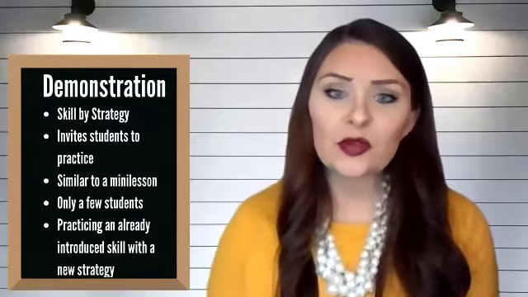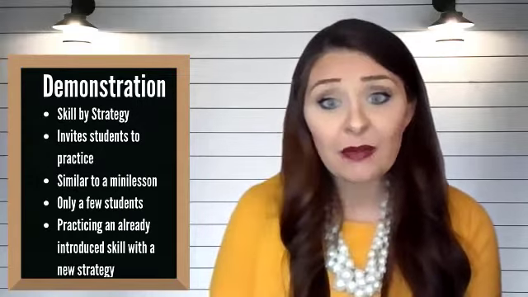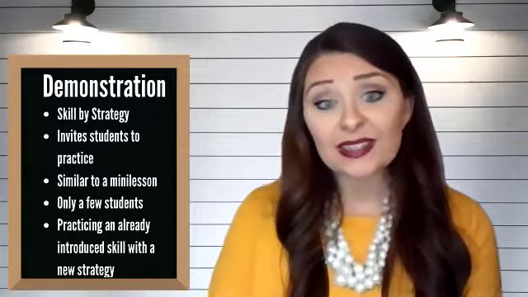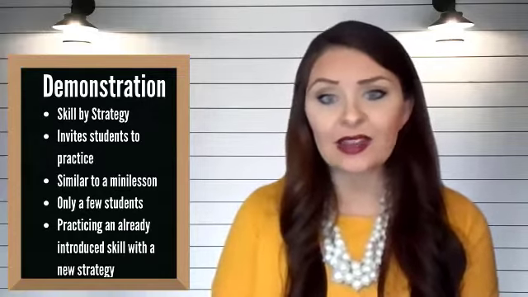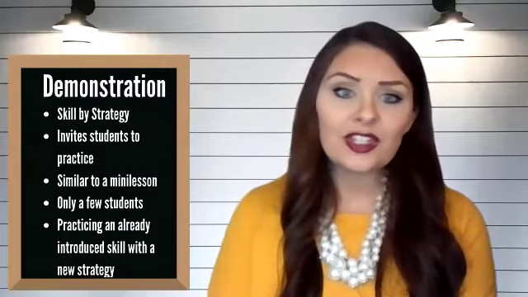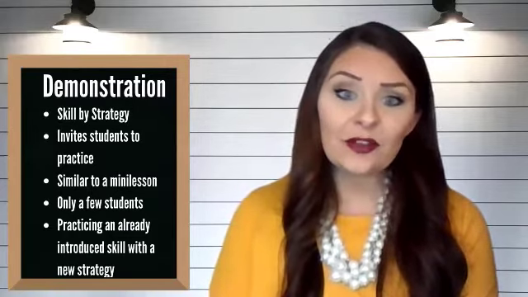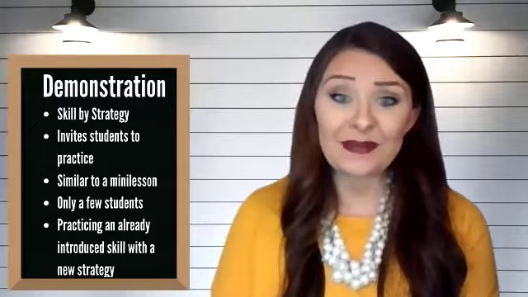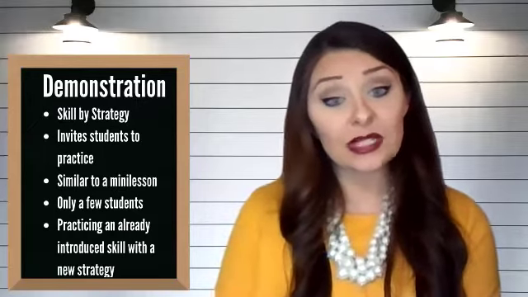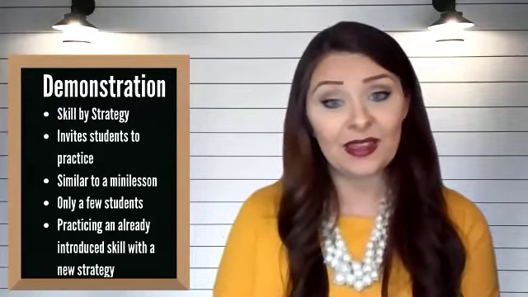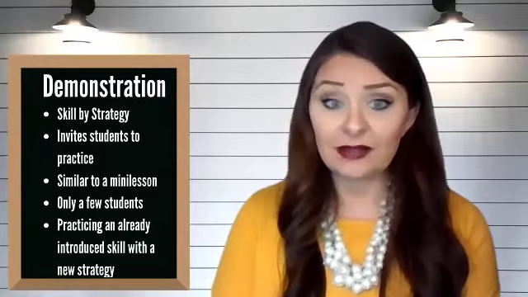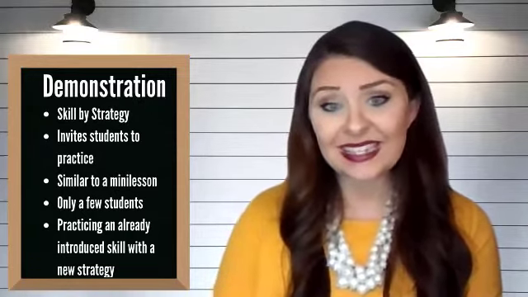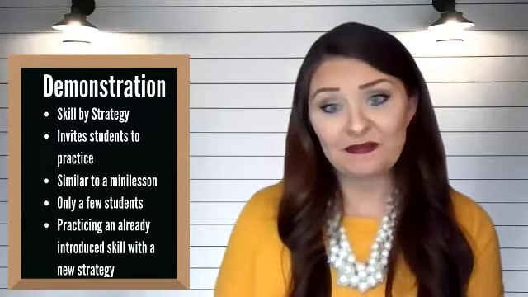So once I pull those 4 students, I might model how readers pause when they come to new details about a character, a setting, an event, etc., and just jot down what the new information might be telling me about how the story or text might go. Then I would give students time to practice this immediately with their own independent text while I'm there with them.